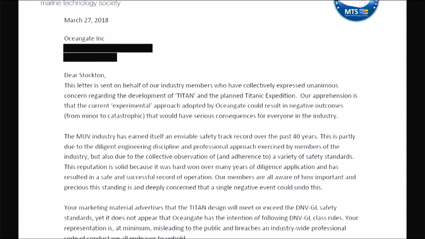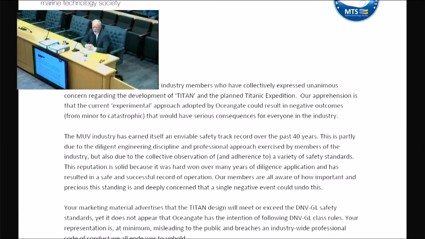This letter came as a culmination of a number of observations within the industry. As I've mentioned before, I've been organizing a yearly conference for 20 years. This was our 15th reunion. It was in 2018 in February. There was broad knowledge across the industry of what OceanGate was undertaking.